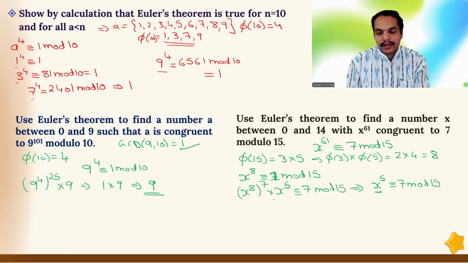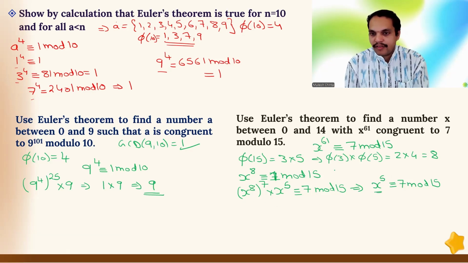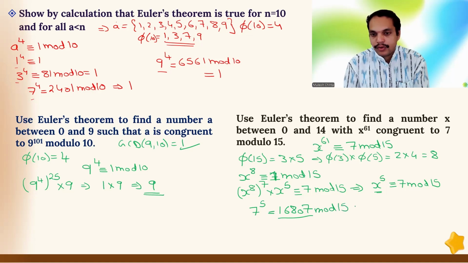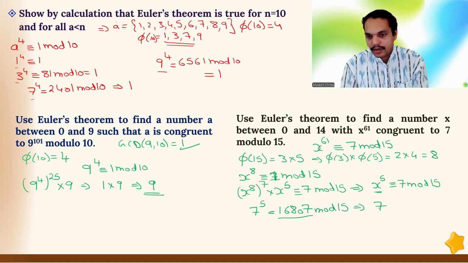Now I have to use the trial and error method, starting from 1. So I try 1, 2, 3, 4, 5, 6, 7. If you take 7 power 5, you get 16,807. I did these calculations earlier, so I'm directly giving you the answer, which mod 15 gives a remainder of 7.